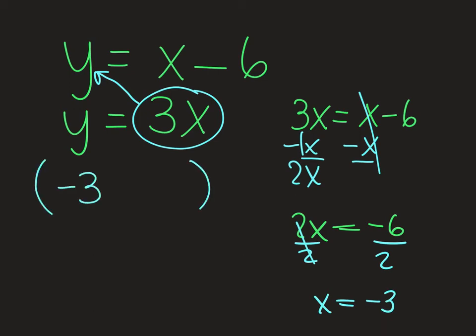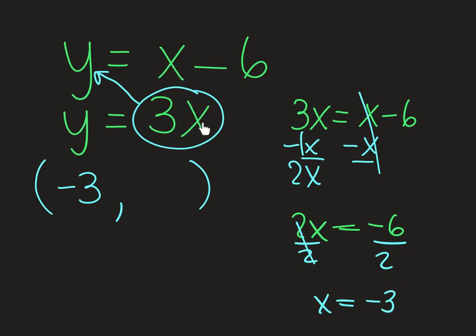I got -3, comma, hey, wait, I'm not done because I don't know what y is. Last time they told me y was equal to a number, but this time they're not. So I got one extra step. I'm going to take this -3 and either stick it in here or here.